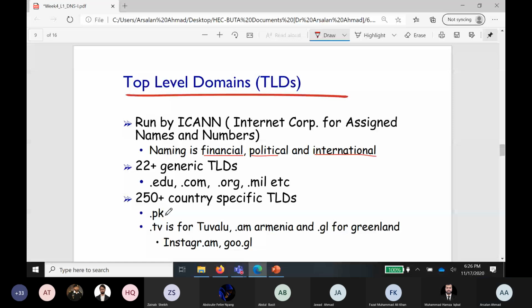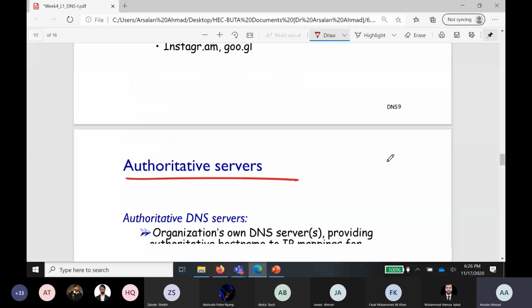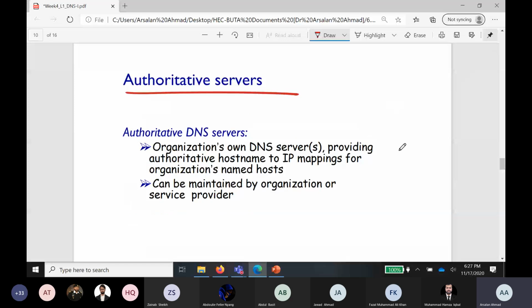Then we have the authoritative name servers, and this is the third level of servers in the DNS hierarchy, which we discussed a couple of slides ago. So root, TLD, and then authoritative name servers, and their mandate is to translate host names to IP addresses for the organization's own host names.